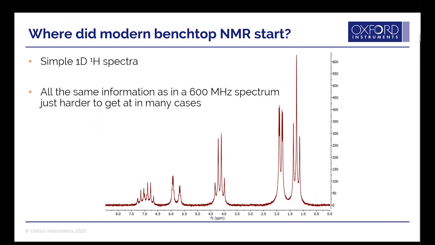About 8 years ago, the first benchtop instruments started to appear, and these instruments were capable of taking simple 1D proton spectra like this ethyl crotonate spectrum here, where you have all the same information that you would have on a typical high field 600 megahertz system, but it could be harder to get at because you don't have the spectral dispersion that you would have at that high field, and also you didn't necessarily have the resolution, so you end up with a lot of overlaps in the spectrum that can be hard to deconvolute.